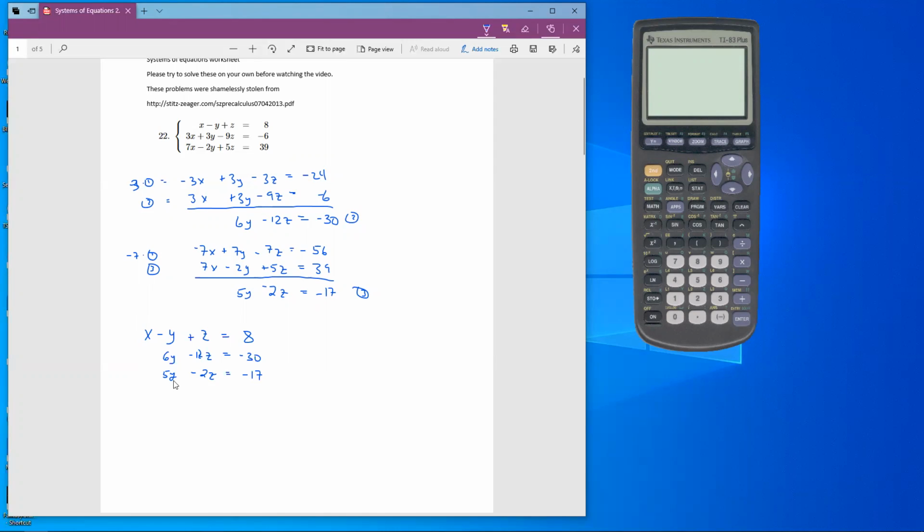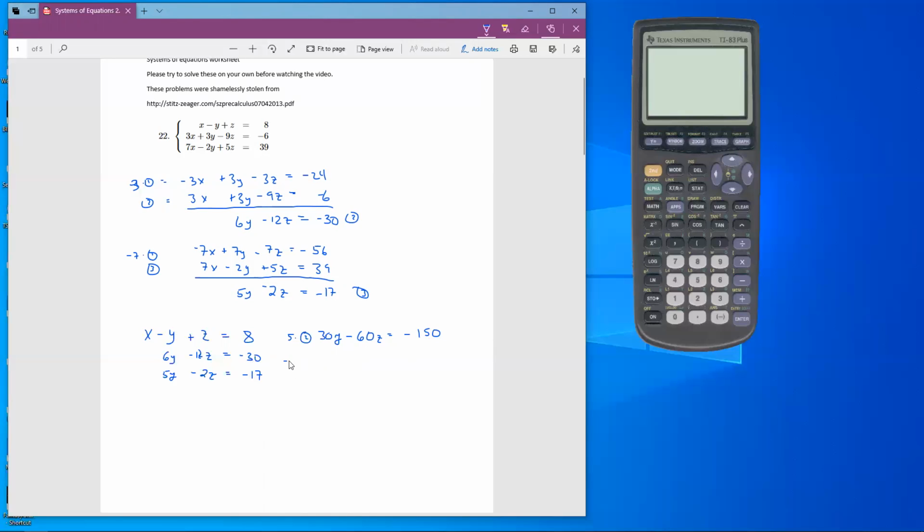The next goal is I'm going to get rid of this y. So what I'm going to do is say 5 times equation 2. So that's going to be 30y. 5 times 12, that's going to be -60z. And then 5 times -30, that's going to be -150.